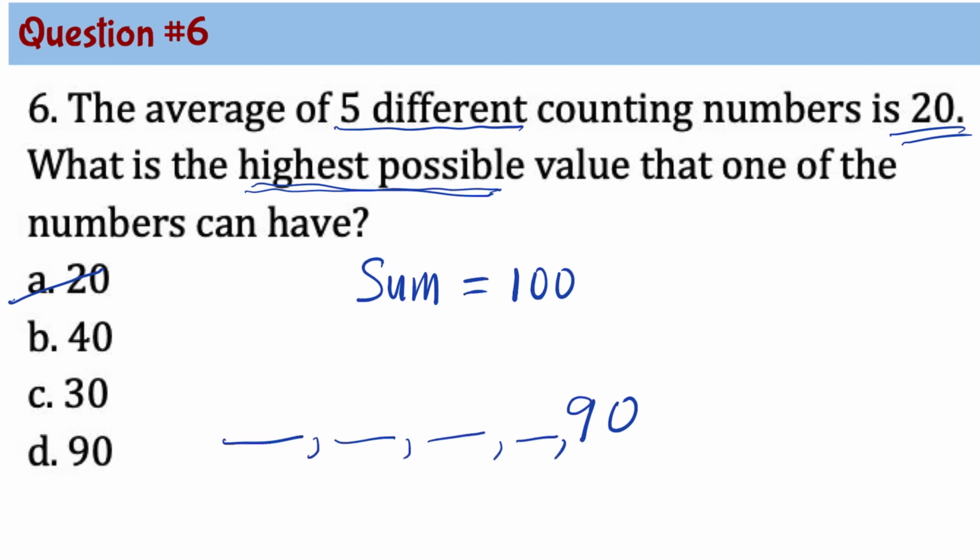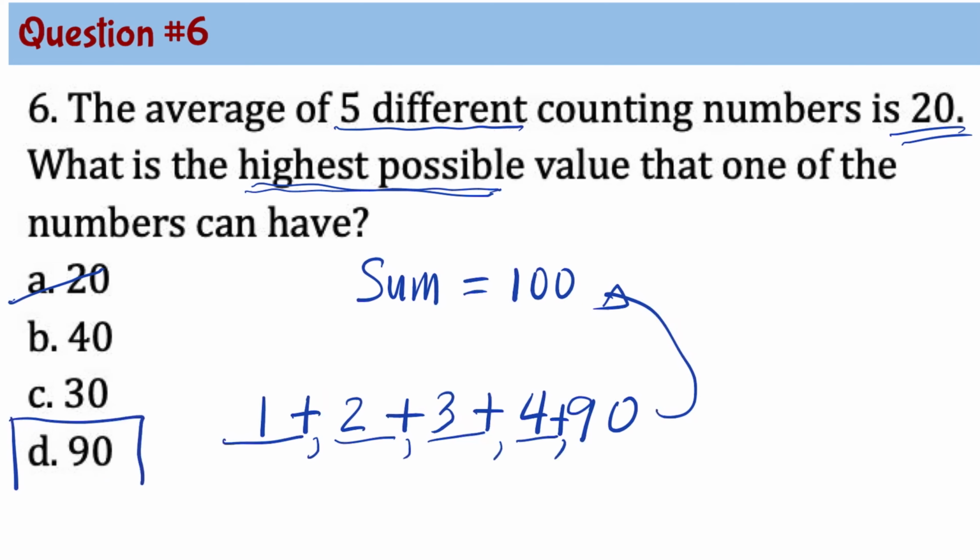Can you think of 4 numbers that will add up to 10? Yes, it's possible. You have 1, 2, 3, and 4. 1 plus 2, 3 plus 3, 6 plus 4, 10 plus 90 is equal to 100. So the answer here is letter D, 90.